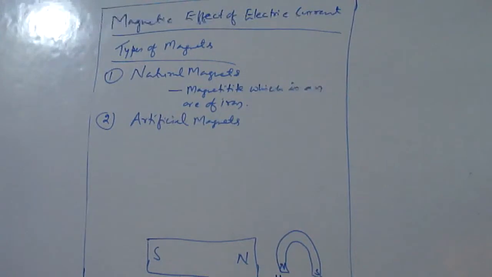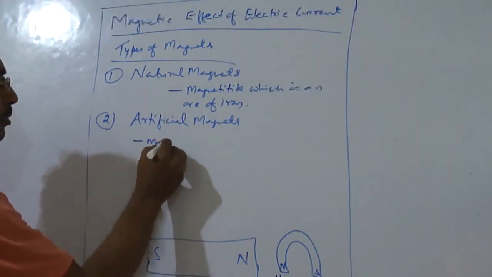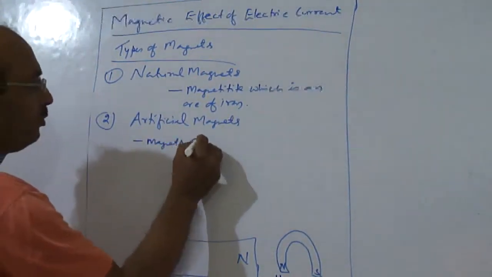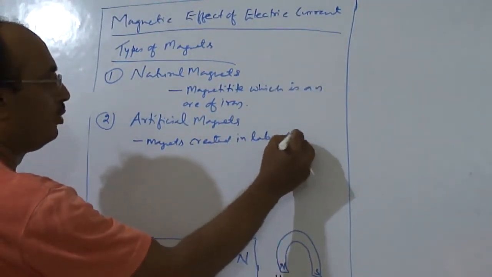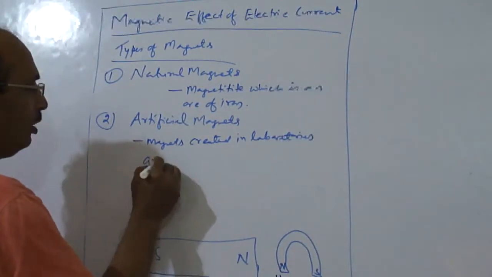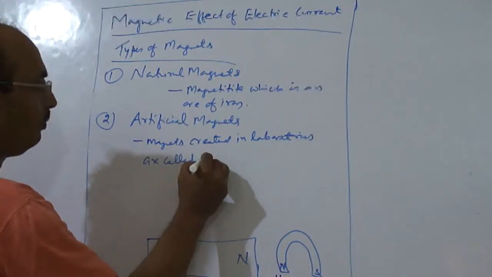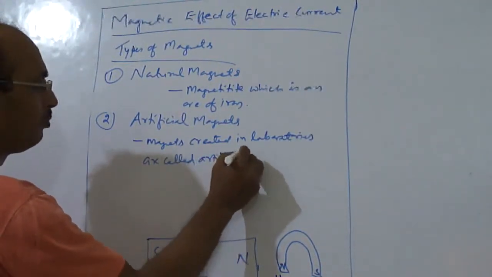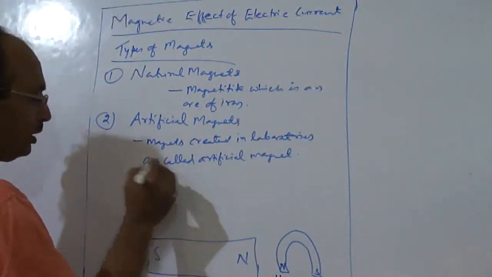Which is made by human beings, which we create in a laboratory. So magnets created in laboratories are called artificial magnets. An example is the electromagnet.